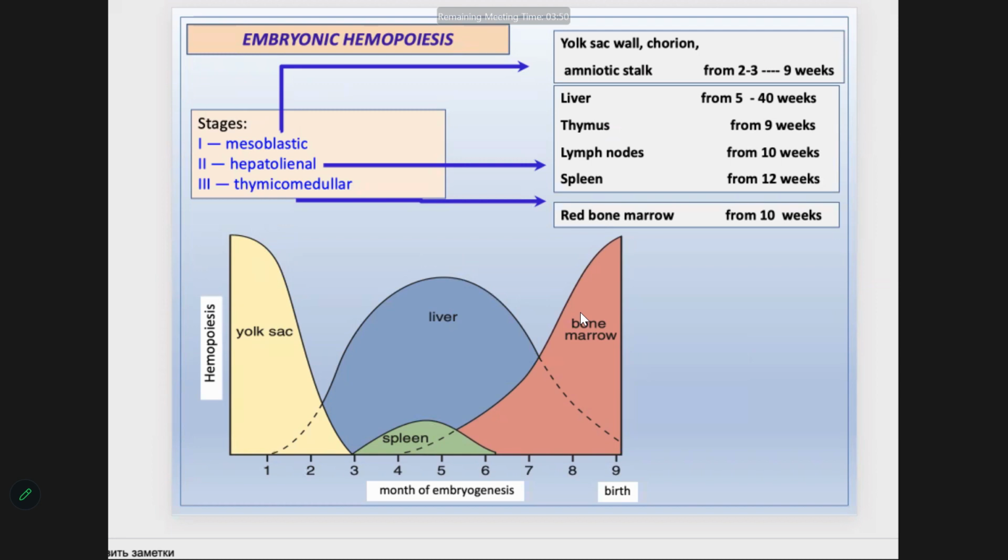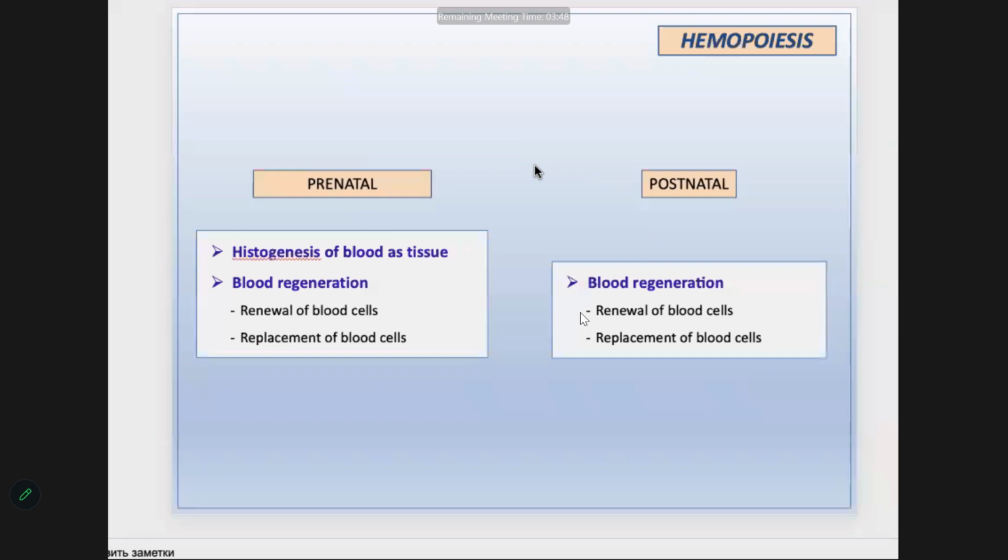In the post-embryonic period of hemopoiesis, regeneration of blood takes place mostly in two groups of organs: central organs, including bone marrow and thymus, and peripheral organs of hemopoiesis, such as lymph nodes, spleen, appendix, tonsils, and lymphoid follicles in the digestive and respiratory systems.